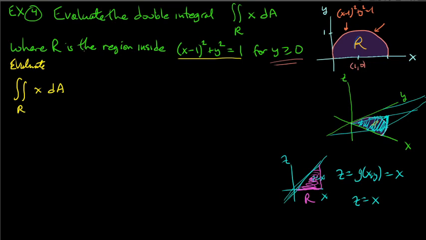Yeah, I think it'll be easier to evaluate this in polar coordinates. Or let's put it this way: even if it's not, let's stipulate that we have to use polar coordinates. So using polar coordinates, now we don't have a choice.